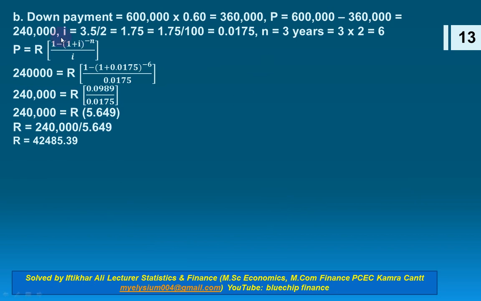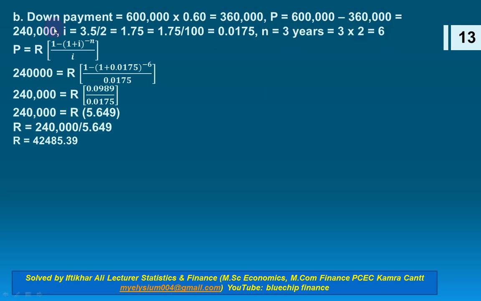So the total amount paid, or we can say the future value, is 240,000 and the interest rate is 3.5%, but it is semi-annual, so it will be divided by 2, so the interest rate will be 1.75%, and as a fraction, 0.0175. The time period is 3 years, but payments are made twice a year, so total payments are 6.